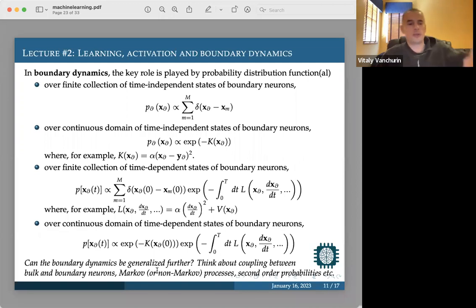You make sure the cat goes everywhere around. Something in the data or in the problem itself may suggest that there are certain symmetries, and once you have those symmetries, you put them in the boundary dynamics. That would be a theoretical, analytical approach. And then there is a brute force numerical approach to just try different things, come up with some ensemble of possible dynamics, and then see which one works better.